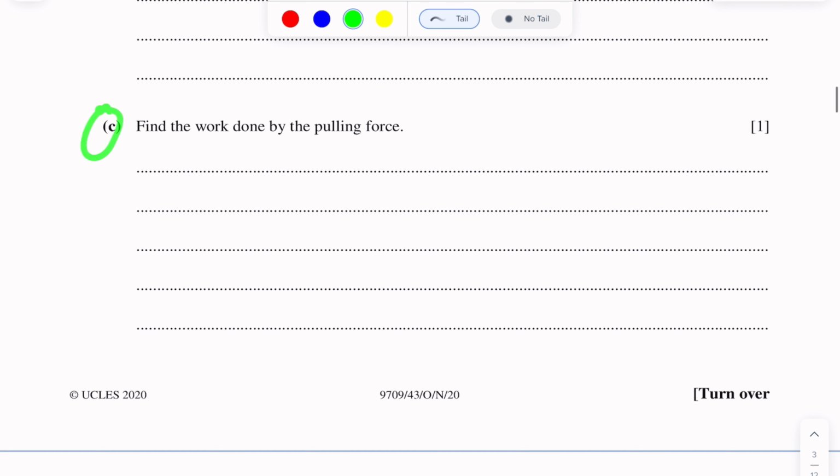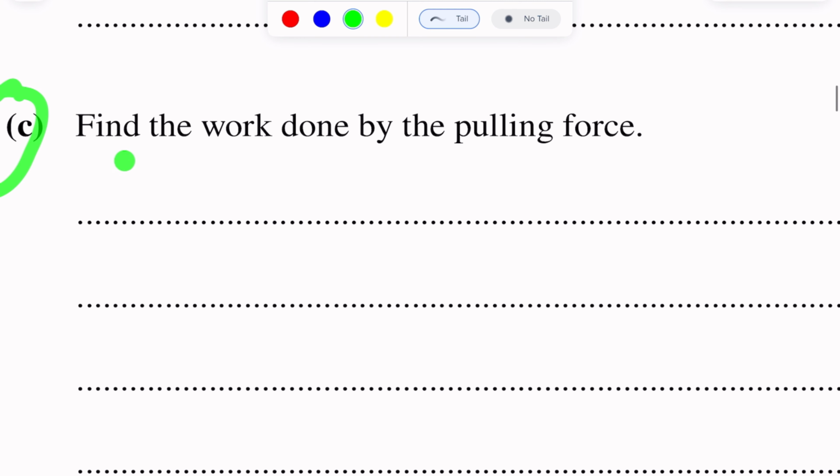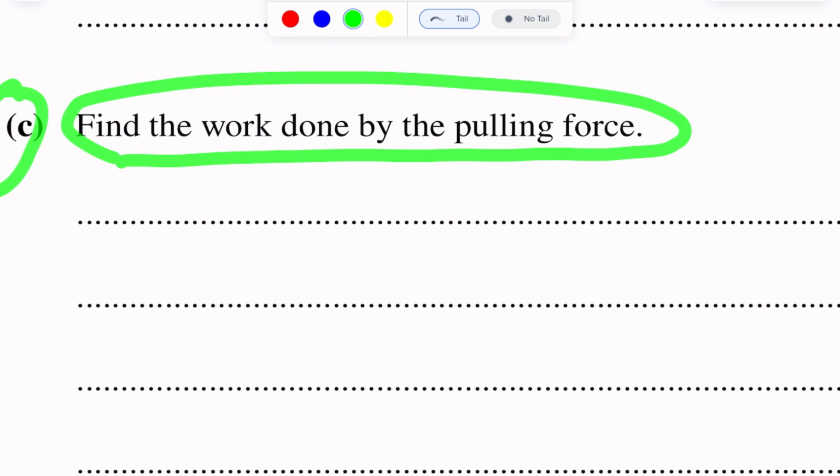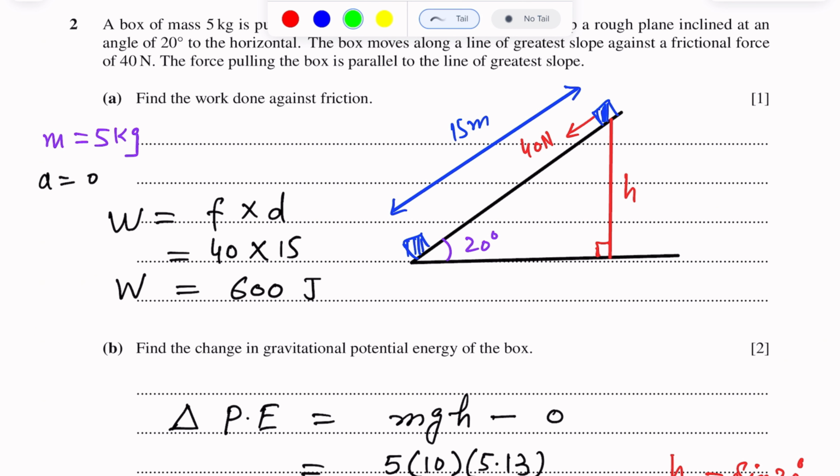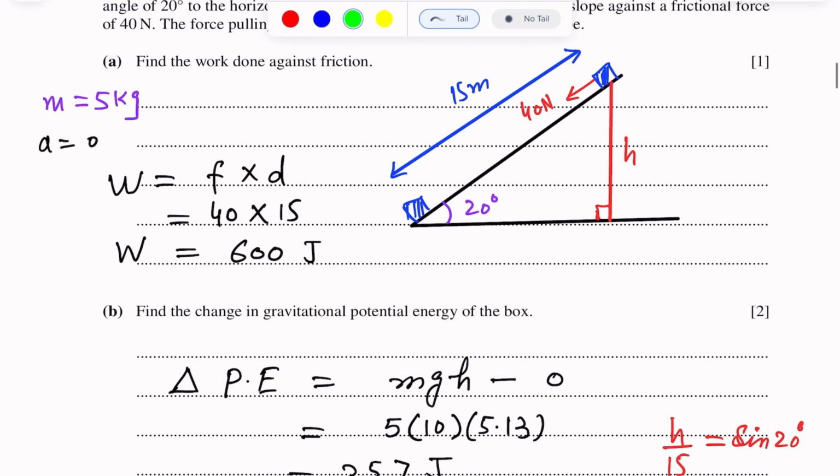Now the next part, part C of this question, is: find the work done by the pulling force. This is the pulling force which pulls the box upward along this plane.